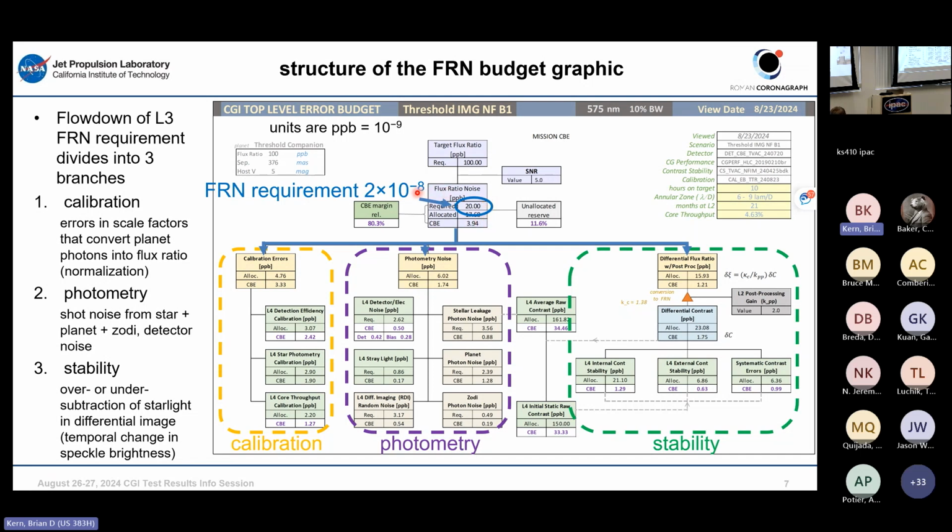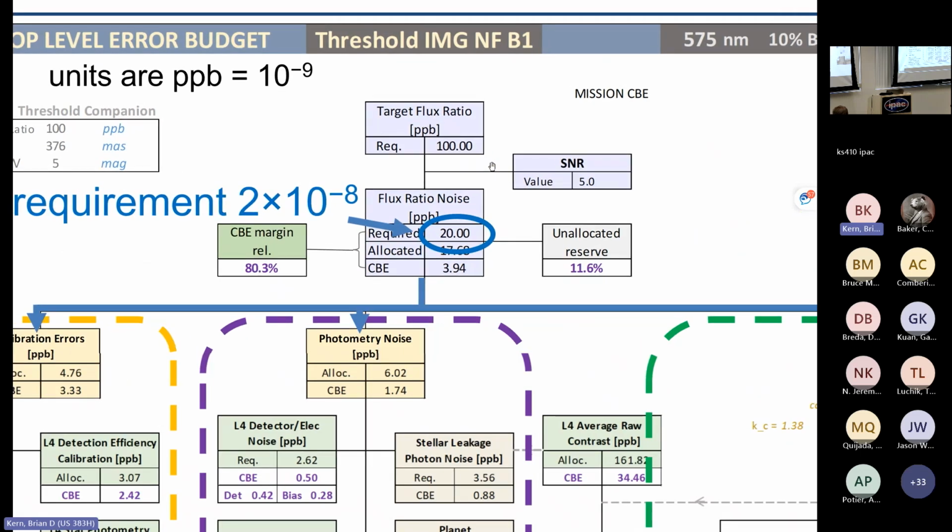The level 3 FRN requirement, as we said, is to give a signal to noise of 5 on a 10 to the minus 7 planet. I'll zoom in a bit. This is small stuff. A signal to noise of 5 on a 10 to the minus 7 planet gives us our 20 parts per billion, 2 times 10 to the minus 8, flux ratio noise requirement.